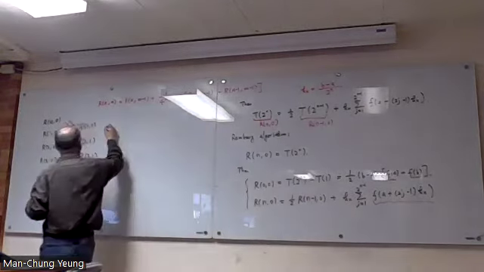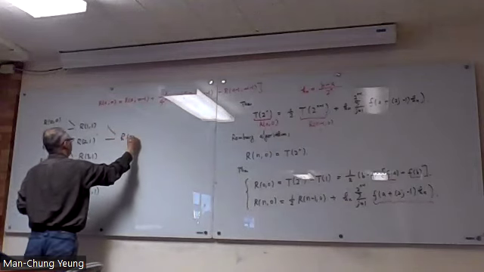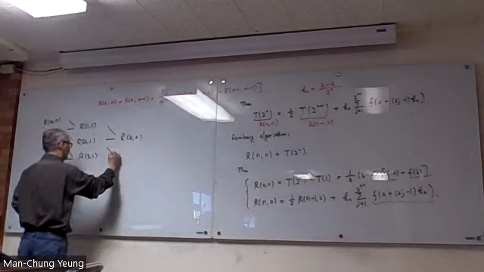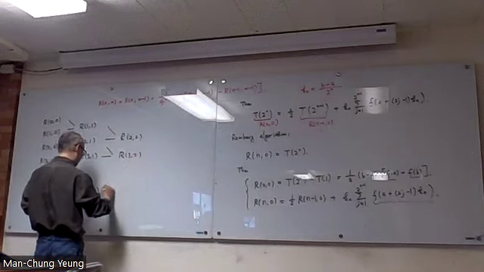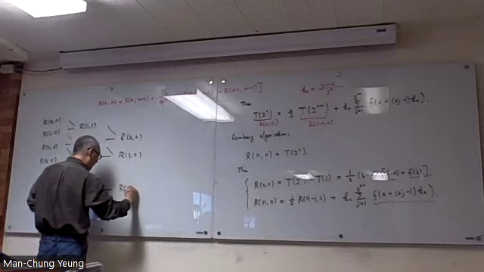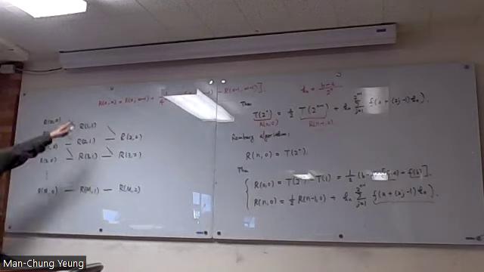Now from here, R 2, 2, and then R 3, 2, and then R m, 2, the R m, 2 formula.